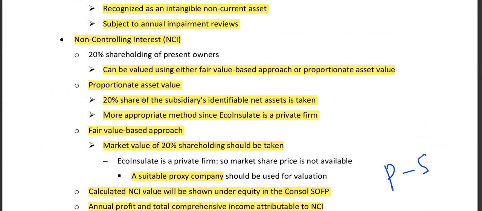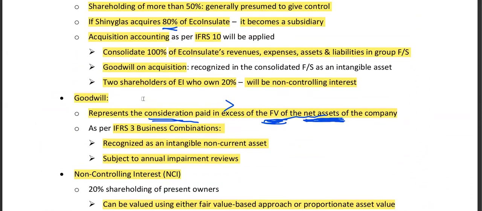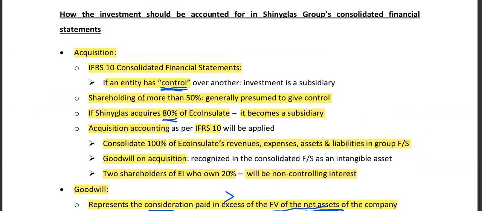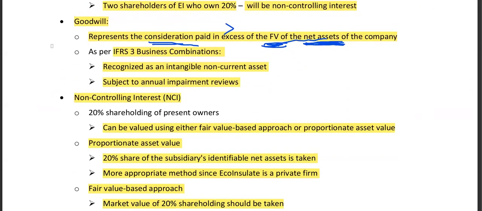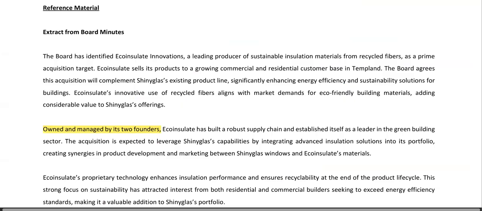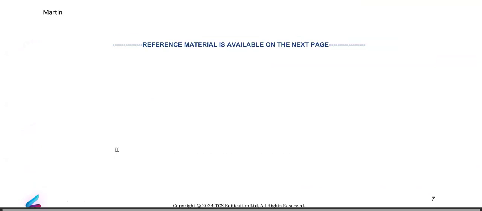So it's a 50% requirement, and as a minimum explanation, you will have to cover these three main aspects. Firstly, how IFRS 10 requires you to consolidate the financial statements. Secondly, in the process, how goodwill will have to be accounted. And thirdly, how the non-controlling interests will have to be accounted, because we purposefully set this question for an 80% ownership.